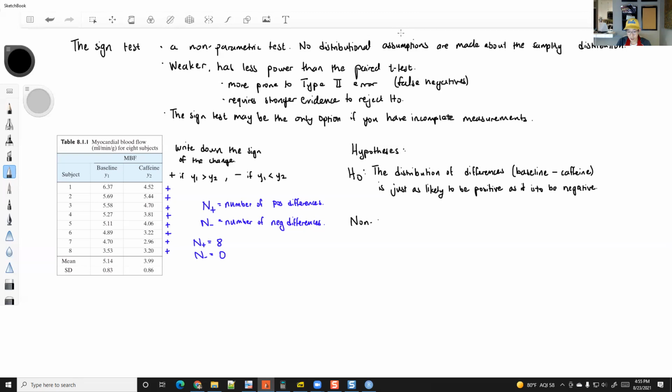A non-directional alternative will be something like saying the differences, again baseline minus caffeine, are not equally likely to be positive and negative.